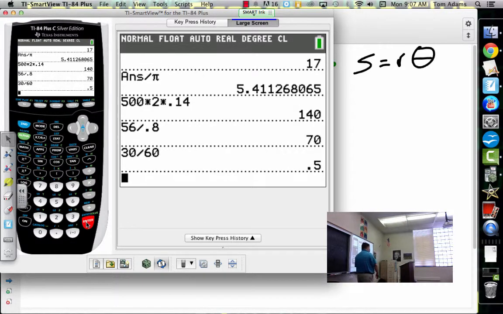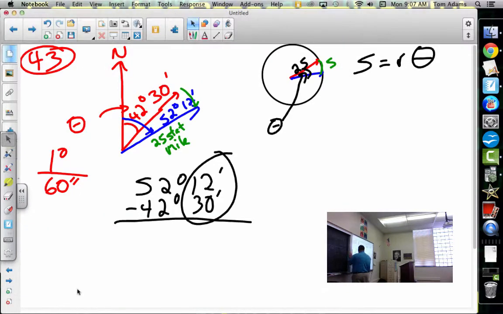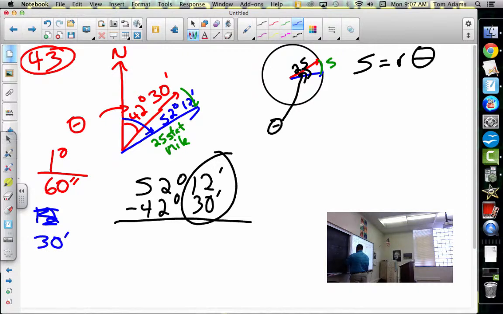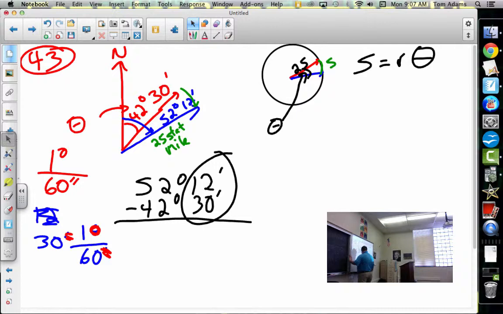So what's that? 0.5. Where that comes from is I have 30 minutes, and I want to convert that to degrees. When I do it that way, the minutes cancel out, and I'm left with the degree. The way that I get the number is 30 divided by 60.